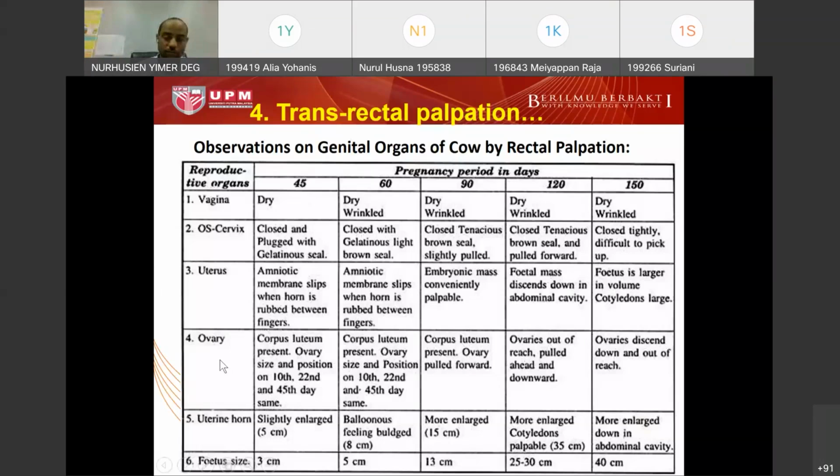But using pregnancy even so around 21, 25 detect that can be able to check.